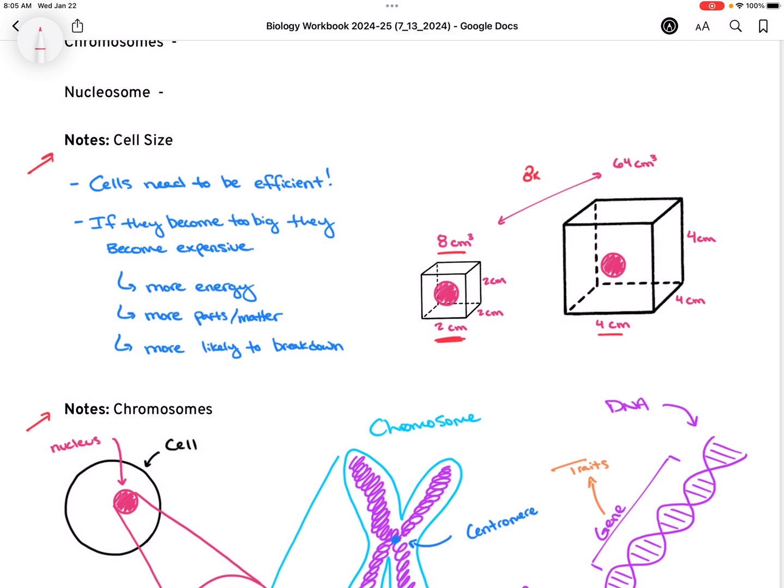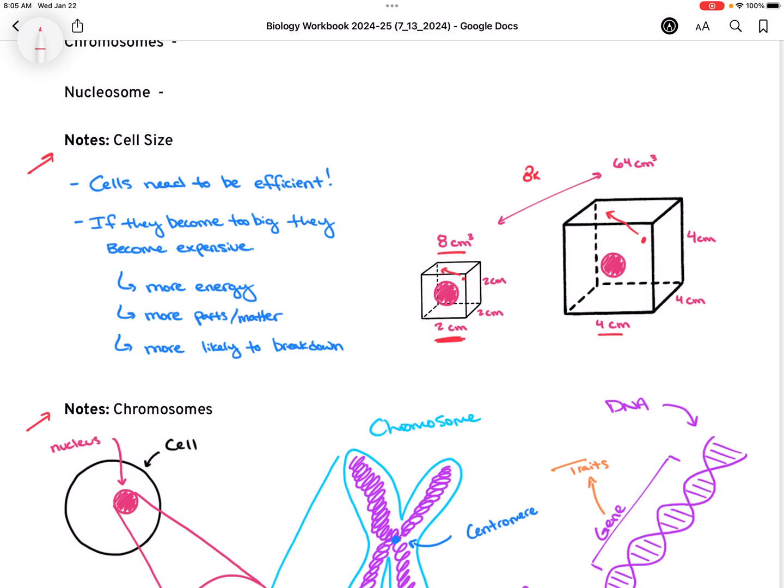And in bigger cells, if I wanted to transport something from this end all the way across to that end, we're now traveling much further compared to our smaller cell. And it's not just double the distance, it's much greater than that. So there is a limit to how big cells can get, because if they get too big, they become very expensive.